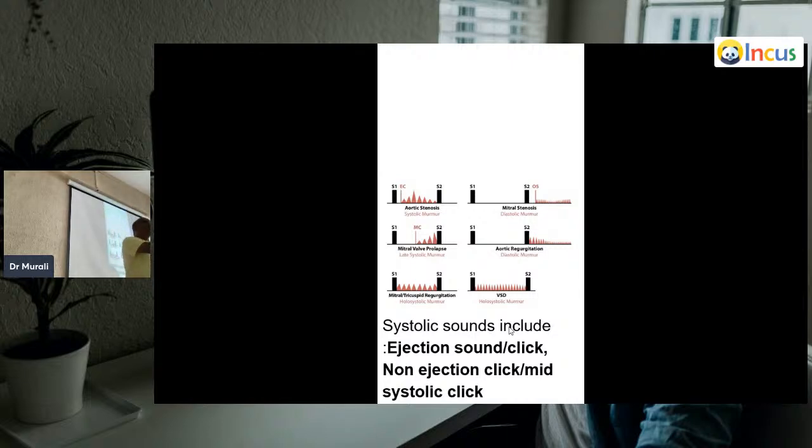If there is any aortic stenosis, aortic valve stenosis. So whenever there is any aortic valve stenosis, ventricle, when it is undergoing systole and trying to push the blood into aorta, what it should do first? It should open the aortic valve and push the blood.